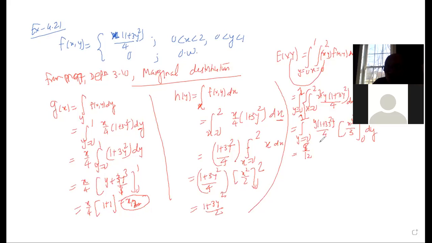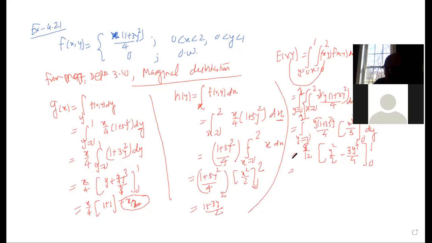So let me pull it out, and here y is multiplied, so the integration is y square by 2 plus 3 times y to the power 4 divided by 4, with range 0 to 1. I am right now opening my double integration, right guys?